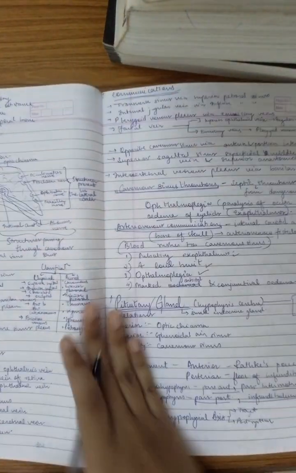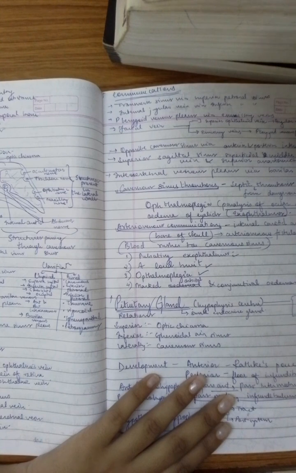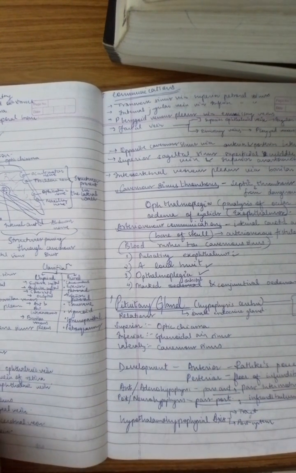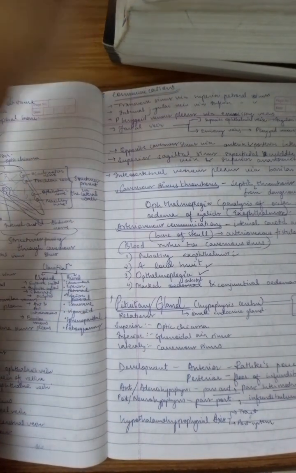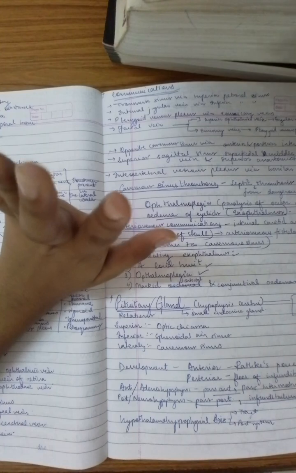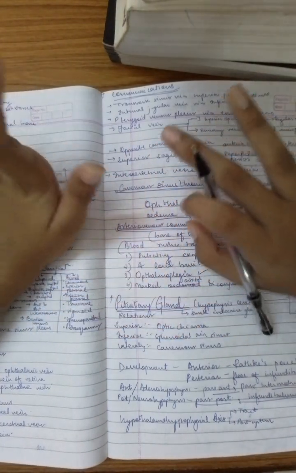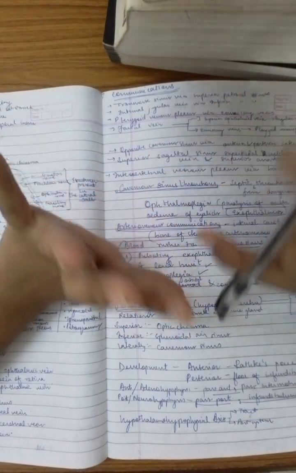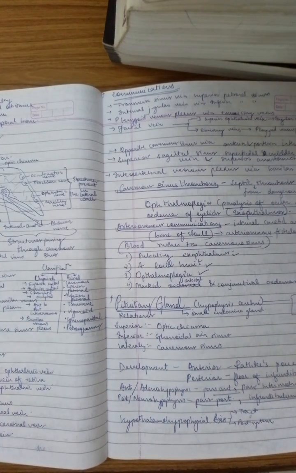Even though you cannot see the superficial middle cerebral vein and the superior anastomotic vein here, if you want to see them, you need to open the Vishram Singh neuroanatomy textbook, the chapter where meninges and CSF are taught.